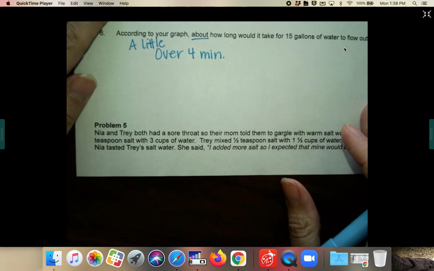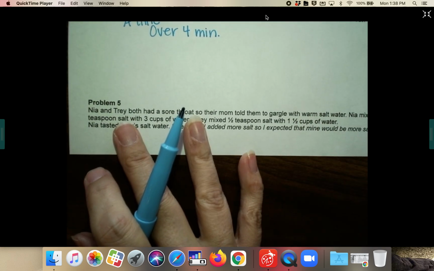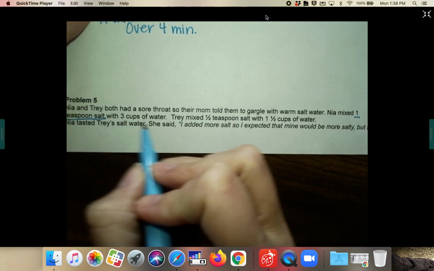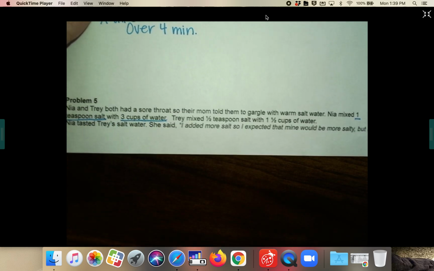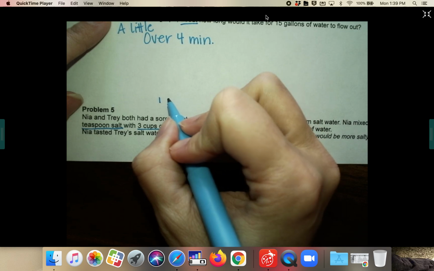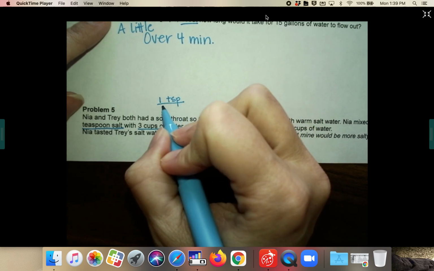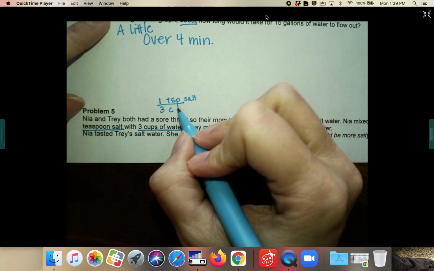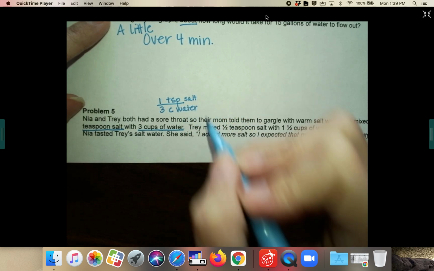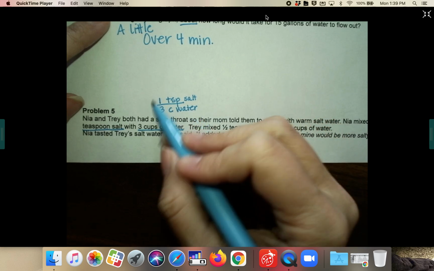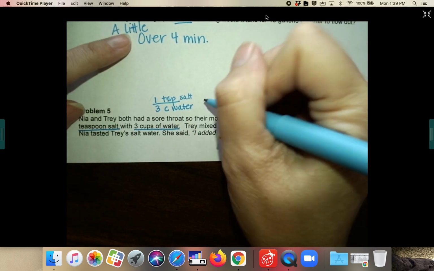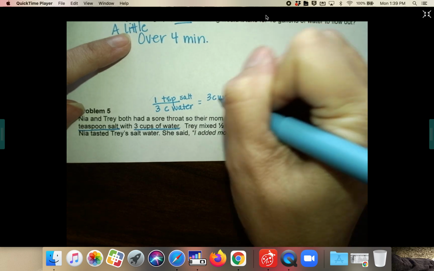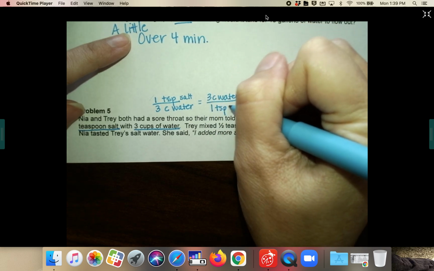So I'm going to suggest we just set up 2 equations. If we know that Nia mixed 1 teaspoon of salt with 3 cups of water, that means she had 1 teaspoon per 3 cups of water. This is salt, and this is water. I'm going to flip it because I always want to know per 1. So I'm actually going to say 3 cups of water per 1 teaspoon of salt.